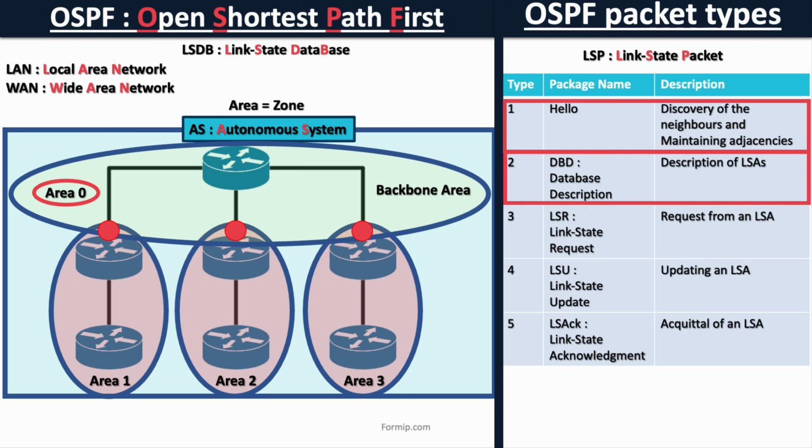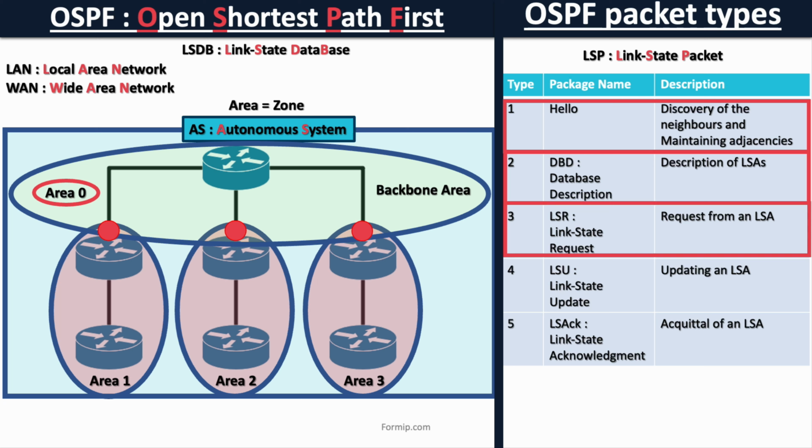This is what makes it possible to establish and maintain the relationship with other OSPF routers. Type 2 contains an abbreviated list of the sending router's LSDB and is used by receiving routers to compare their local LSDB. As a reminder, the LSDB must be identical on all routers with link states within the same OSPF area.